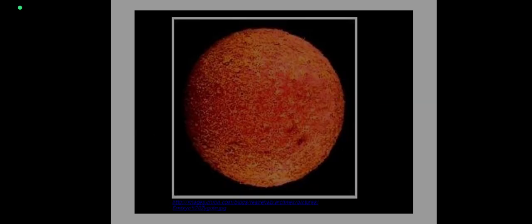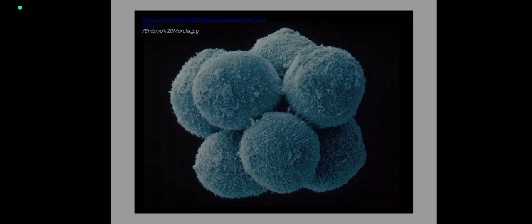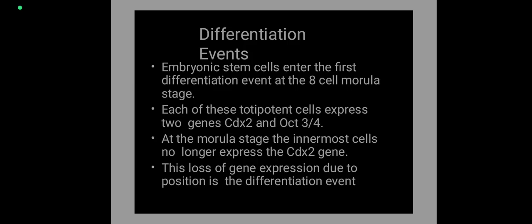This is actually an egg. This is the stage of 8 cells, the fourth day after fertilization, where the cell keeps dividing, at the early morula stage. Next, differential events. The embryonic stem cell enters the first differential event at the 8 cell morula stage.